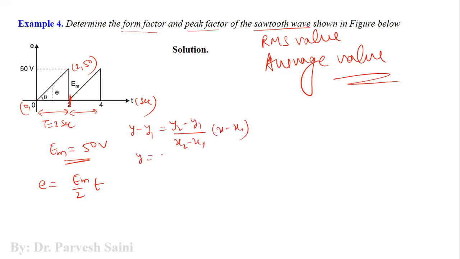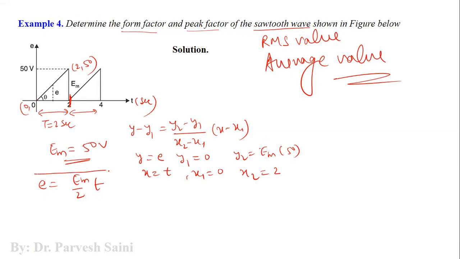So here y is equal to E, y1 is equal to 0, x is equal to t, x1 is equal to 0, y2 is equal to Em, which is 50, and x2 is equal to 2, right? So by putting all these here, you'll get this particular equation, right?